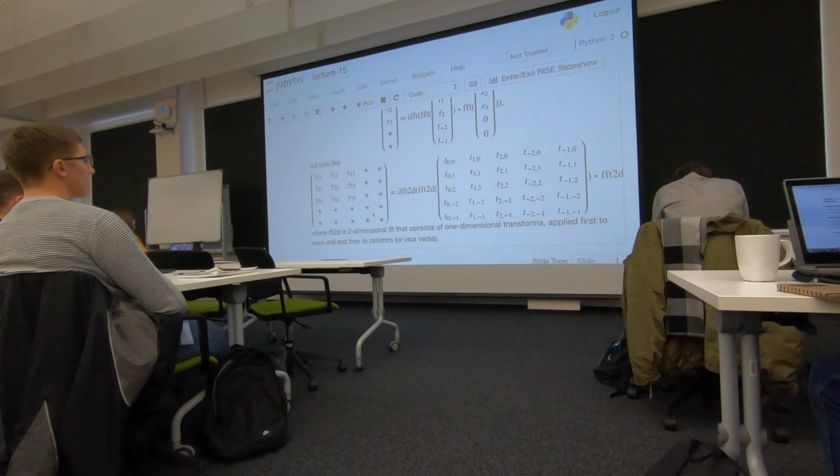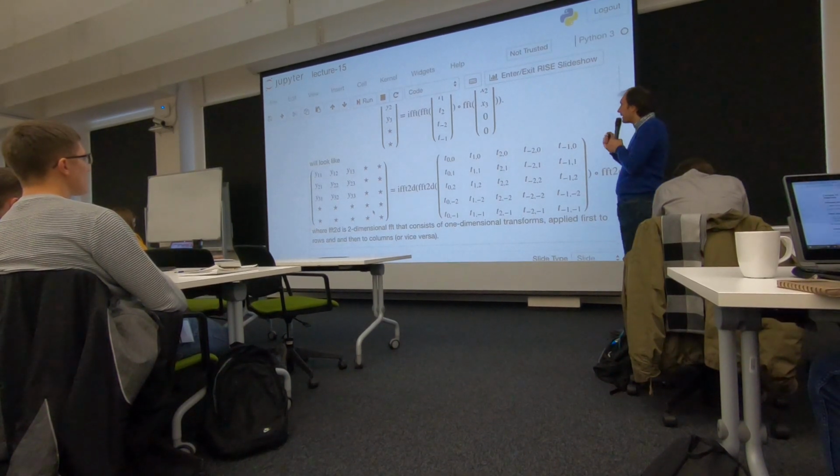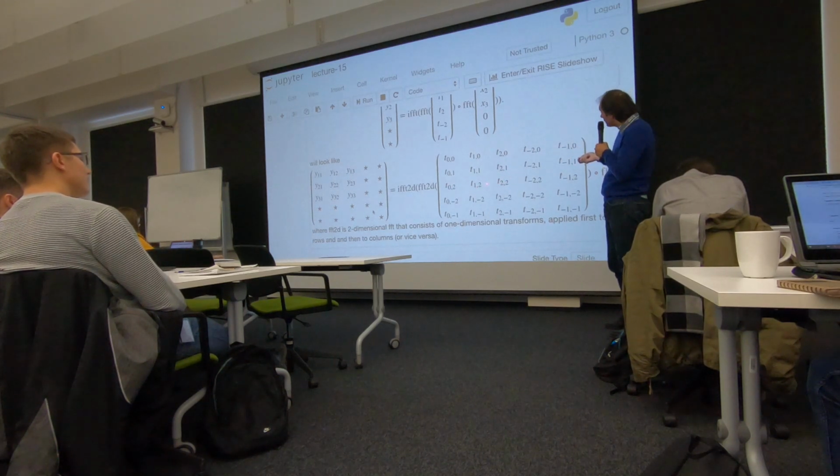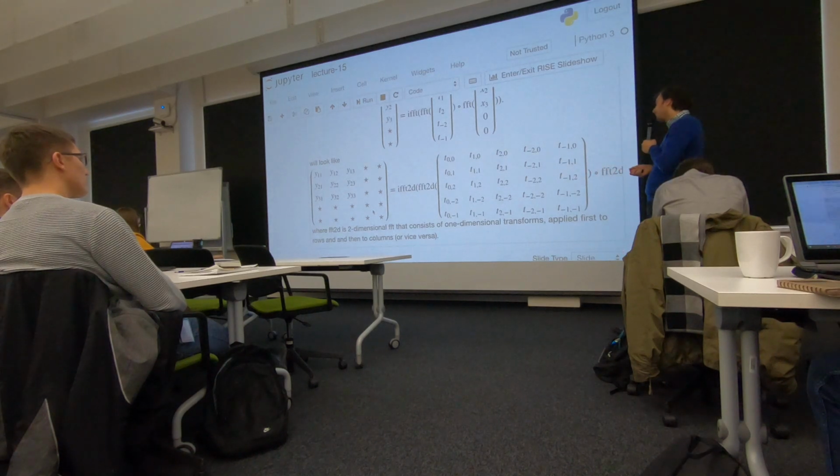You index the parameters that define the Toeplitz matrix by two indices, and then you pad it.